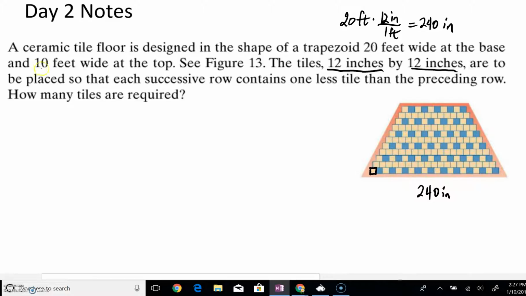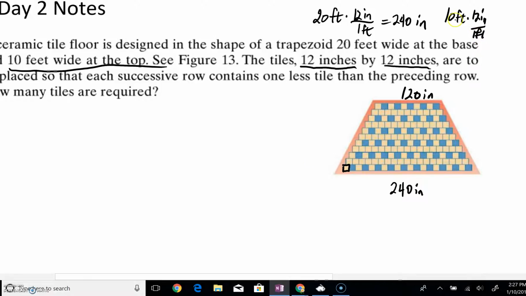And then our top, we've got 10 feet wide at the top. If we took 10 feet times 12 inches over 1 foot, I think we can all see that we'd have 120 inches up on the top. So we've got 120 inches of space to cover there. Now each tile is 12 inches.